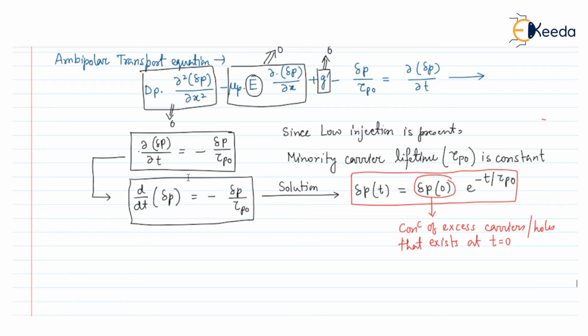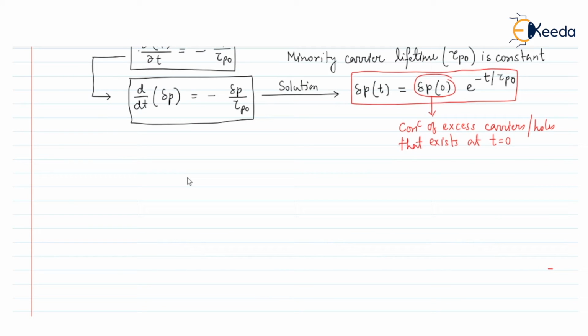Now if we want to draw, from this equation, delta p of t with respect to time, it will look like this: it will decrease exponentially, and at this point the t value is 0.